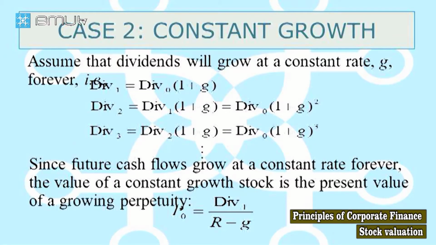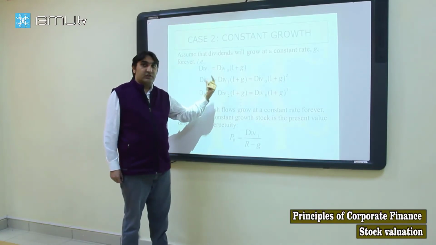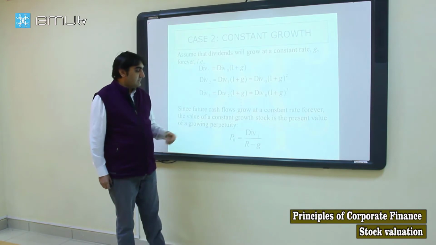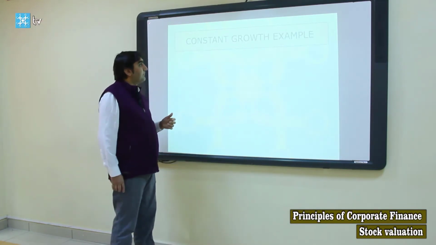Then dividend 2 is the previous period's dividend times 1 plus g, and dividend 3 is the previous period's dividend times 1 plus g, and it goes forever. We understand that this stream of cash flows looks like a growing perpetuity. So the present value of a growing perpetuity is the dividend cash flow divided by R minus g. Here R is the required rate and g is the dividend's growth rate.